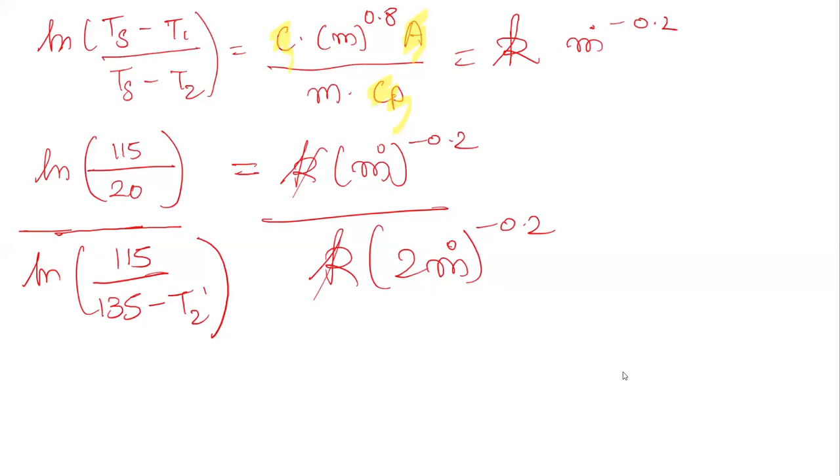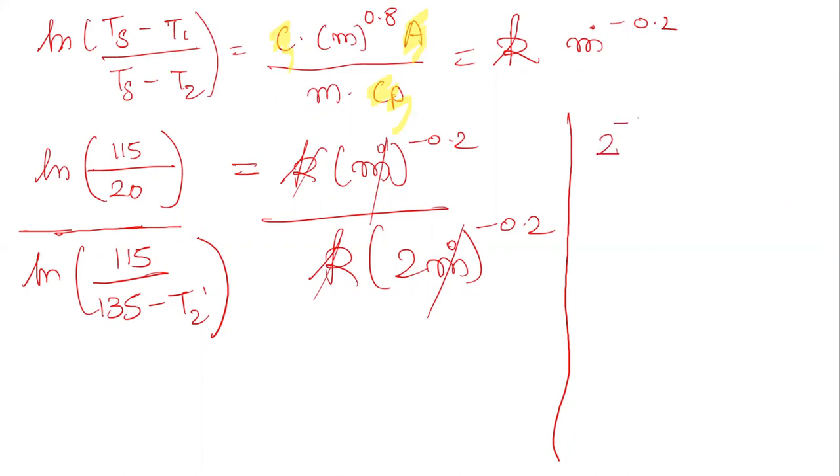This value of ln of 115 by 20 can be evaluated, and this particular expression can be solved. So this will be looking something like this. So I'm cancelling out this, so it is 1 by 2 to the power minus 0.2 going to the other side.